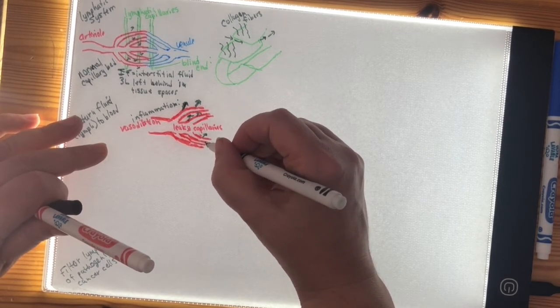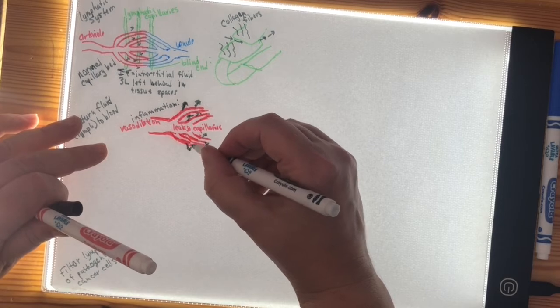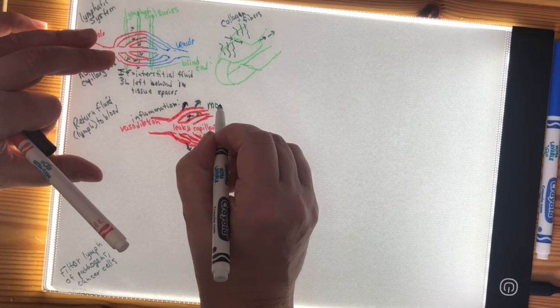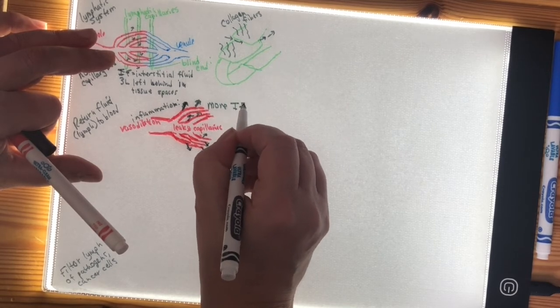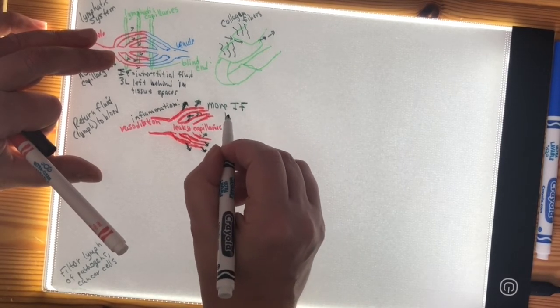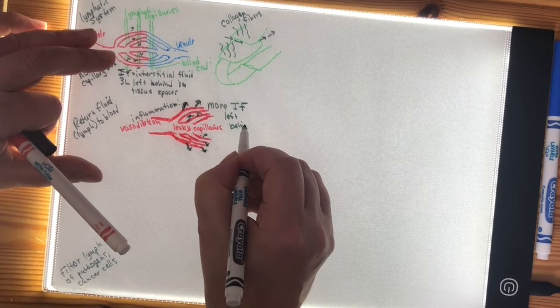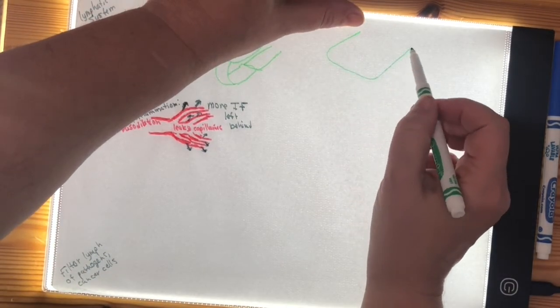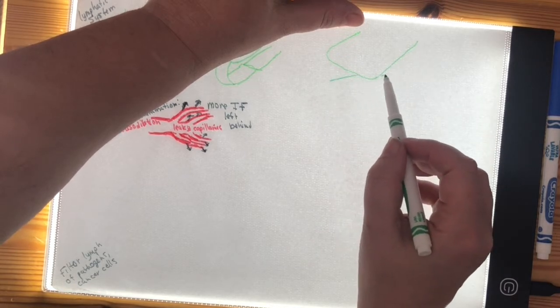The characteristics of inflammation are redness, heat, and swelling. The swelling comes from having more interstitial fluid left behind because there's vasodilation, so the arterioles are bringing blood in, and the capillaries themselves are more leaky.